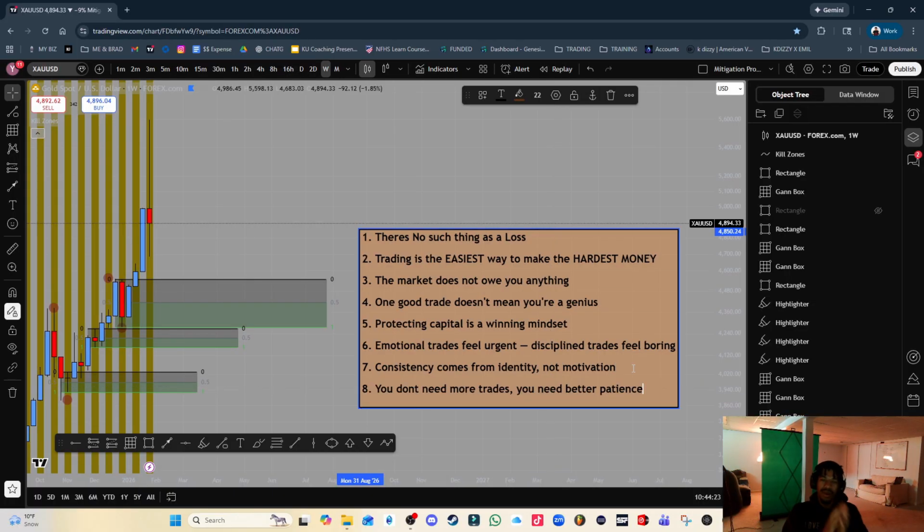Number 8, you don't need more trades. You need better patience. So you don't need to keep on trading and overtrading. You need to wait for your setup and wait for a high probability setup, which is basically when the trade is like, oh yeah, this is meeting all the rules. It's clearly showing that it's buying or selling, and it's an A+ setup.